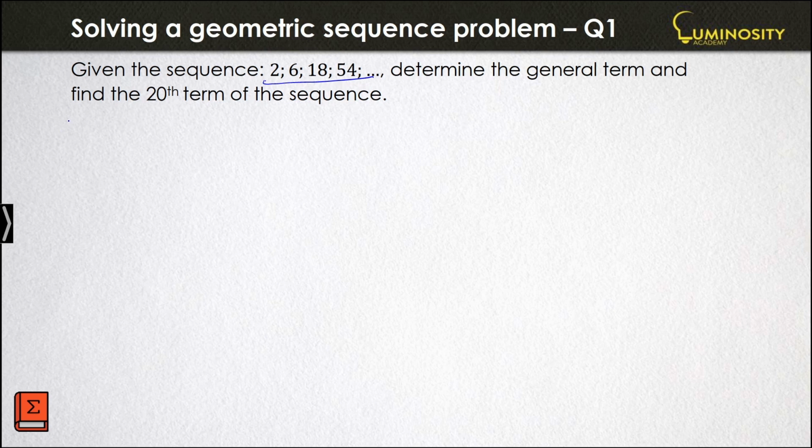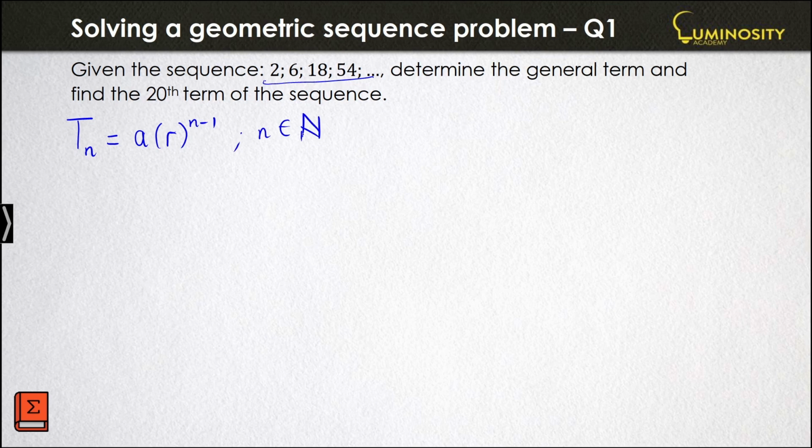So firstly, I need to write out what the general term looks like. It's a times r to the power n minus 1, where n is a natural number, and that denotes the nth term in the sequence.